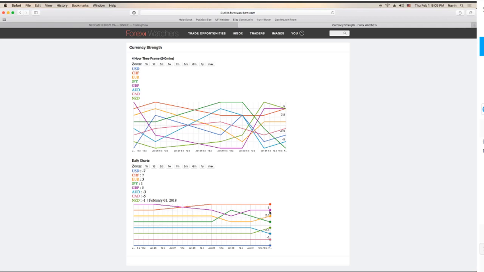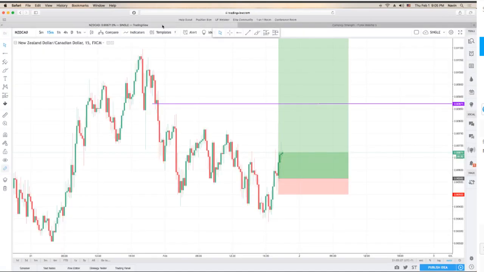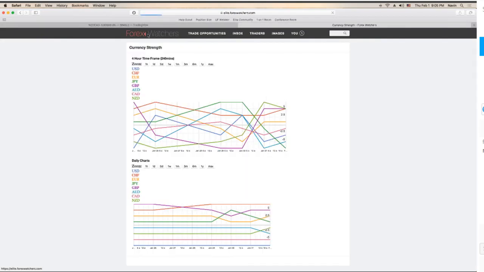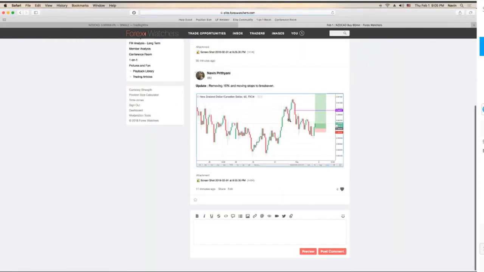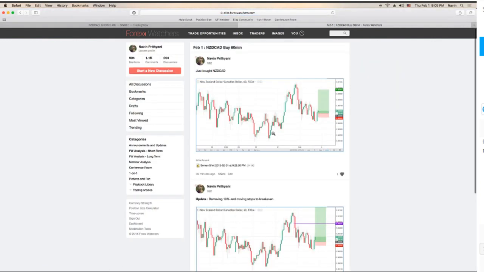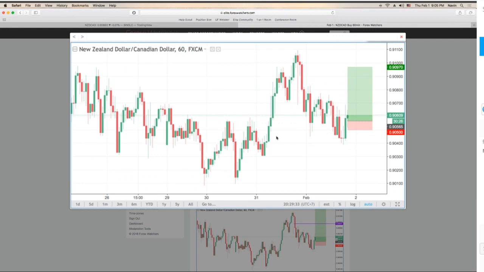Now I jumped onto CAD weakness not too long ago, just slightly before this webinar started, basically. So I'm in on this trade already. As you can see, I have a position here running. And let's take a look at that. Let me get you the time. So I got in around 35 minutes ago at the price of 9056.